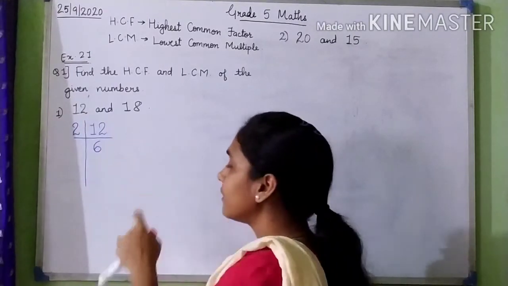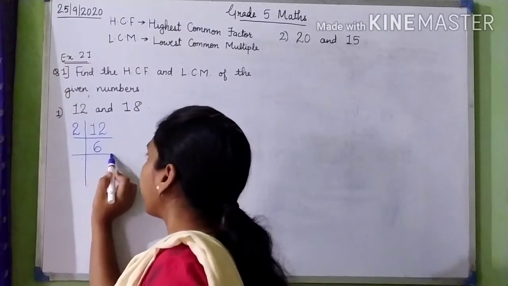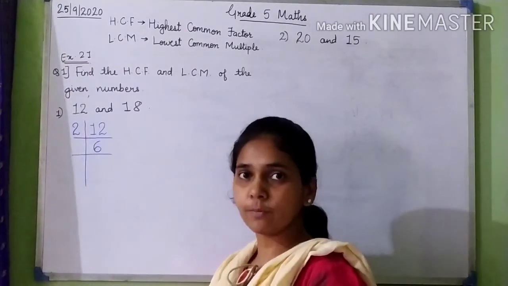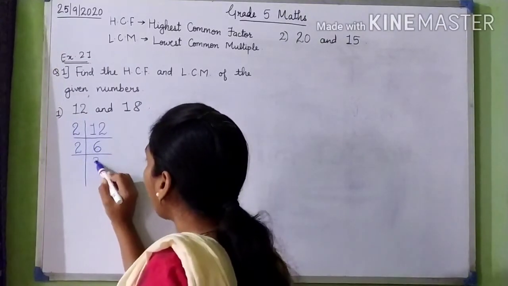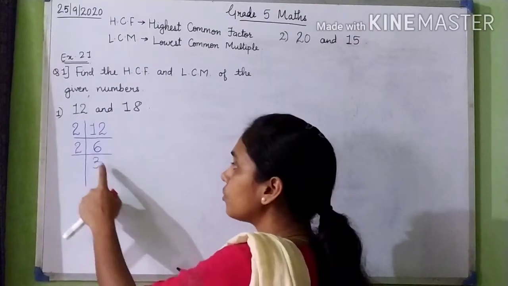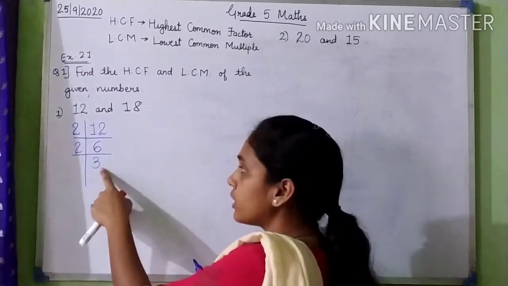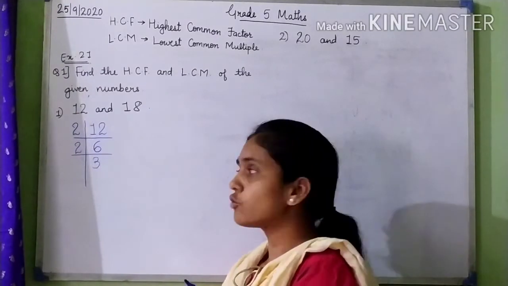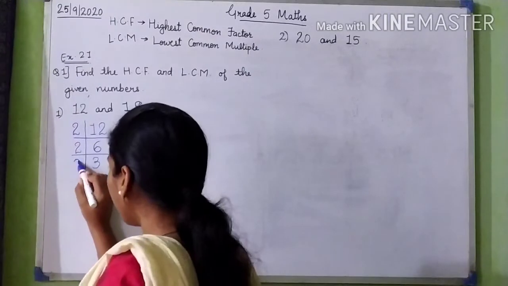Then the next number which I have got is 6. Now 6 I have to divide. Can 6 be divided by 2? Yes. 2 into 3 is 6. So the next number I have got is 3. Now 3 cannot be divided by 2, right? So we divide 3 by itself. 3 is a prime number.